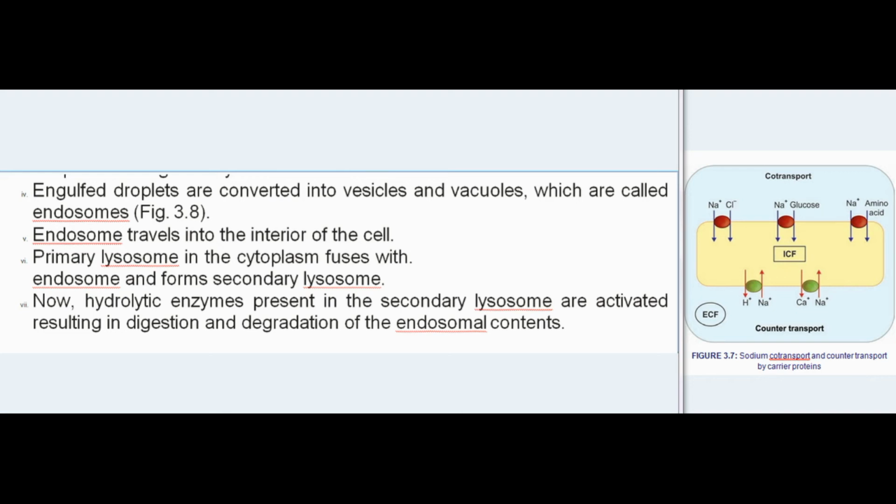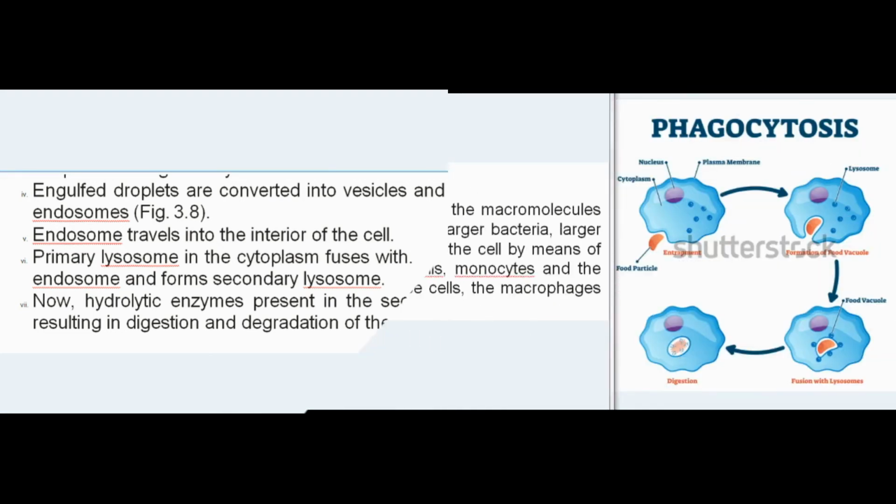Endosome travels into the interior of the cell. Primary lysosome in the cytoplasm fuses with endosome and forms secondary lysosome. Now, hydrolytic enzymes present in the secondary lysosome are activated, resulting in digestion and degradation of the endosomal contents.